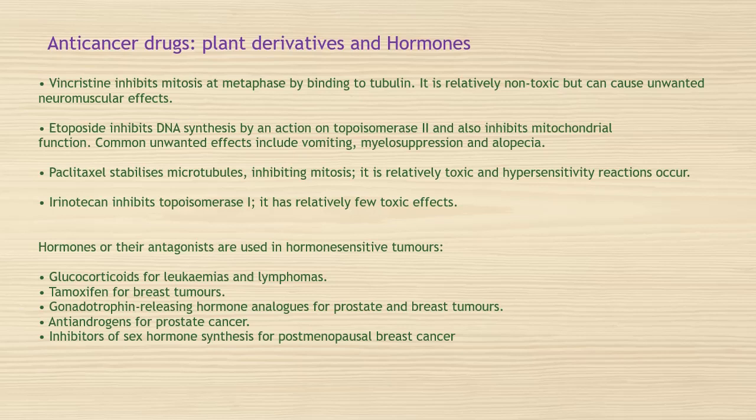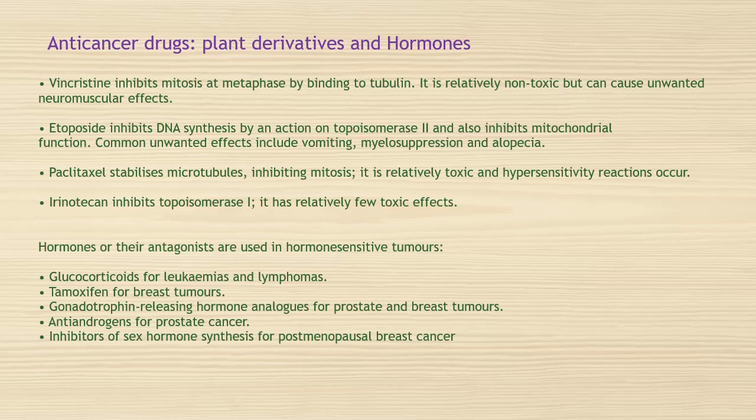Now these effects are obviously seen during the mitotic phase, and they also inhibit other cellular activities that involve the microtubules, such as the leukocyte phagocytosis and chemotaxis, as well as axonal transport in the neurons.